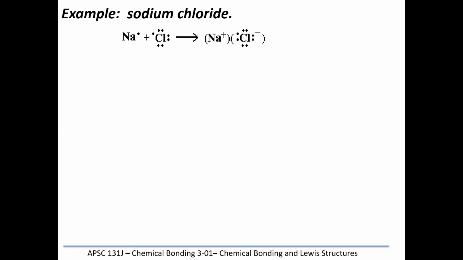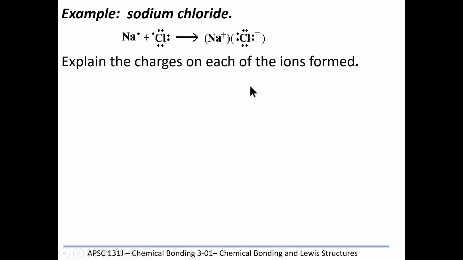And the chlorine achieves its stability by gaining an electron and forming the same electron arrangement as the nearest noble gas, argon. So because they're oppositely charged ions, they are attracted to each other.